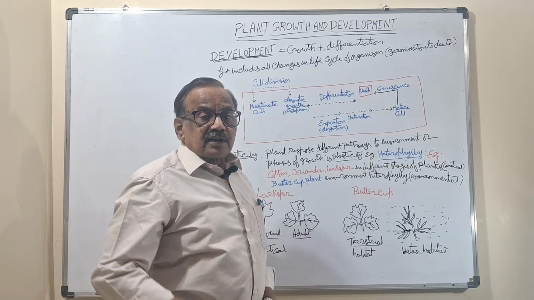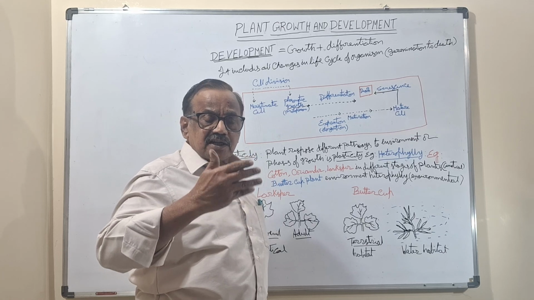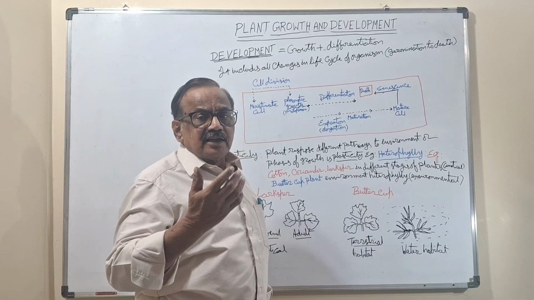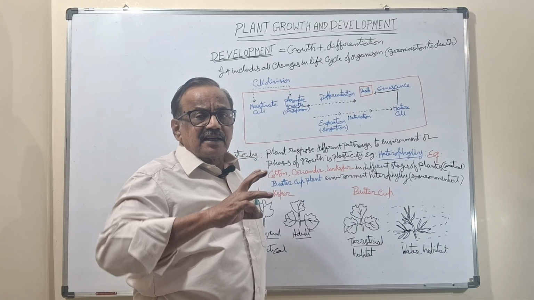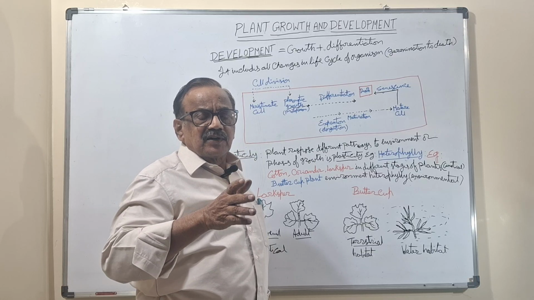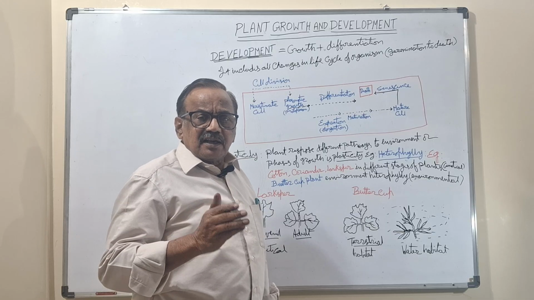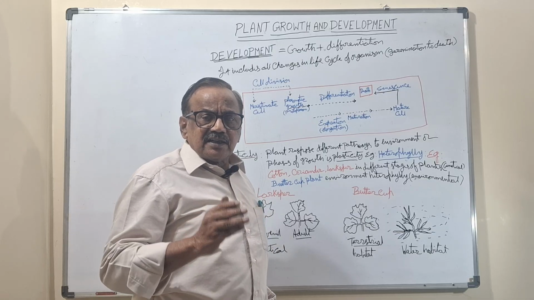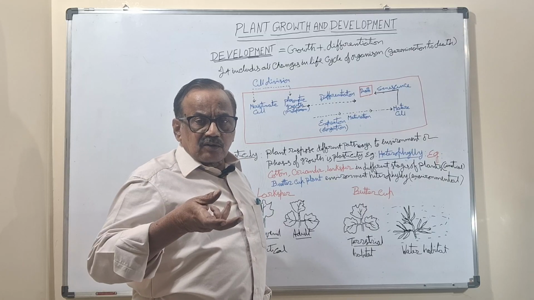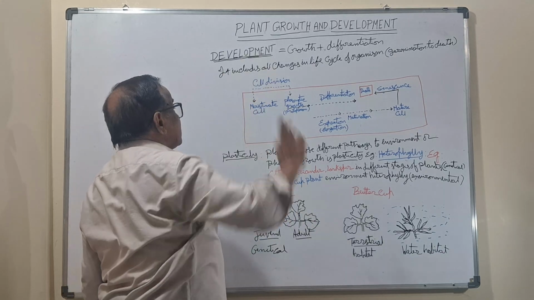Later, in the elongation zone, the cells become very big by vacuolation and elongation, and then they enter differentiation into the different parts of the anatomy, that is epidermis, cortex, stele, and different types of tissues and cells. We have seen differentiation, de-differentiation, and redifferentiation also. So growth and differentiation together come under development.